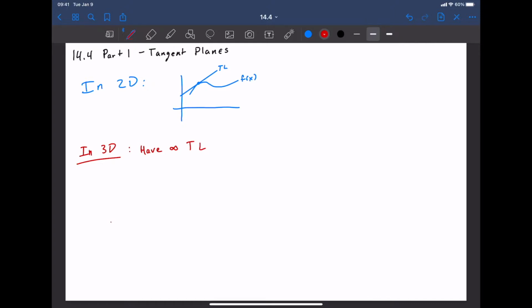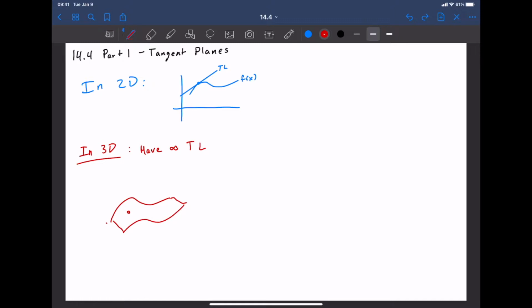If we have a surface and a point on the surface, I'll have tangent lines going that way, that way, and that way, and they could all be tangent to the curve at that point in the same way. So that's really not the right notion.